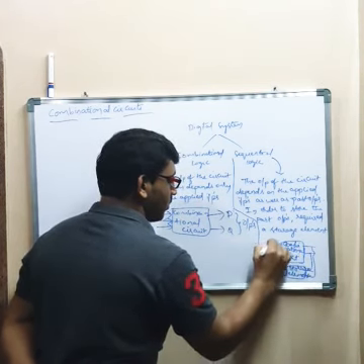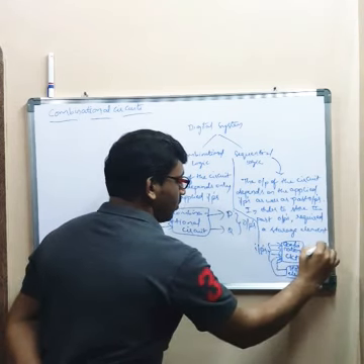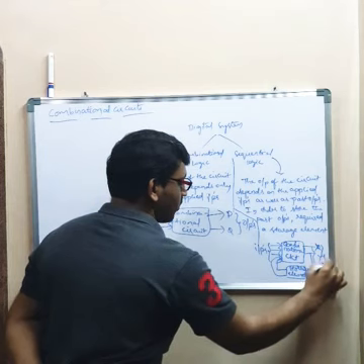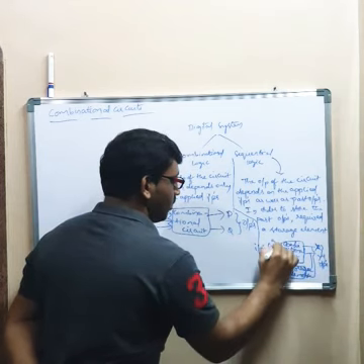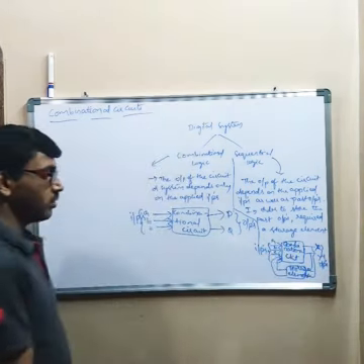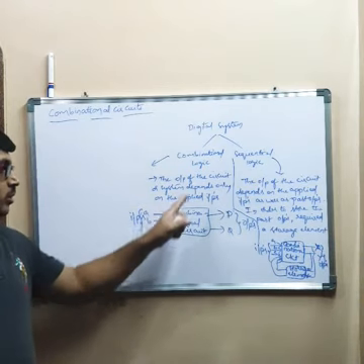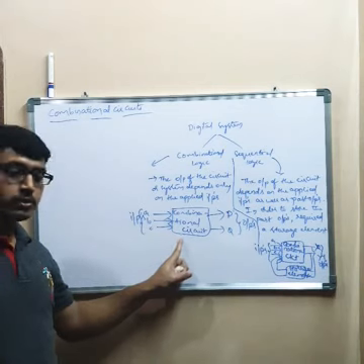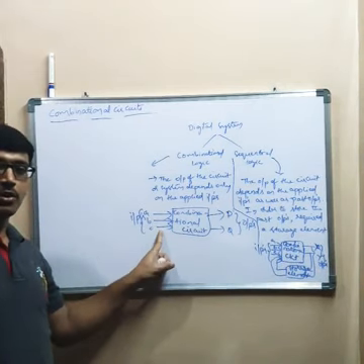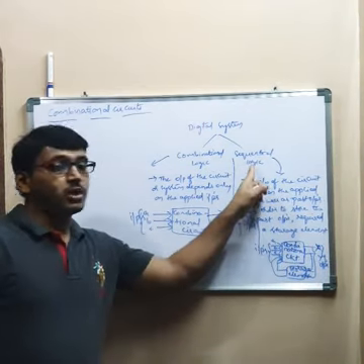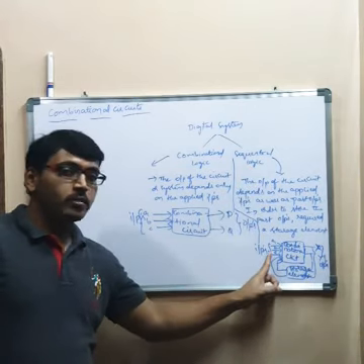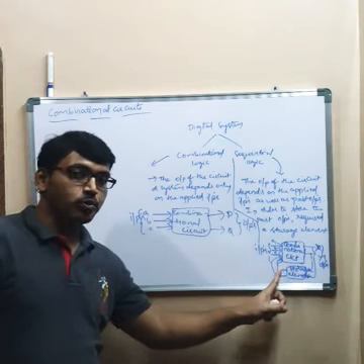Inputs V, X, Y. Outputs A, B, C. So in case of combinational logic circuits, the output of the circuit depends only on the applied inputs. In case of sequential logic circuit, the output of the circuit depends on the applied inputs as well as the past outputs.